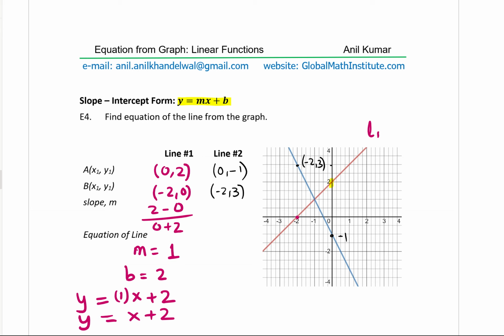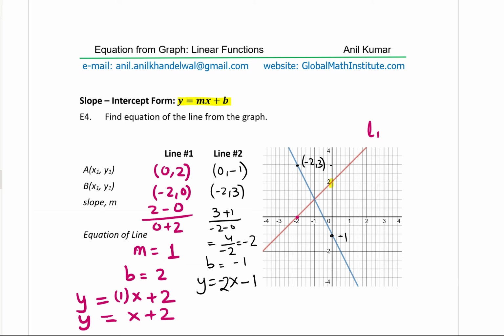So the slope will be the change in y value, or 3 minus minus 1 over minus 2 minus 0, and that slope is 4 over minus 2, and that gives us minus 2 as the slope, right? Since minus 2 is the slope, and y-intercept b is equal to minus 1, we have the equation y equals minus 2x minus 1.